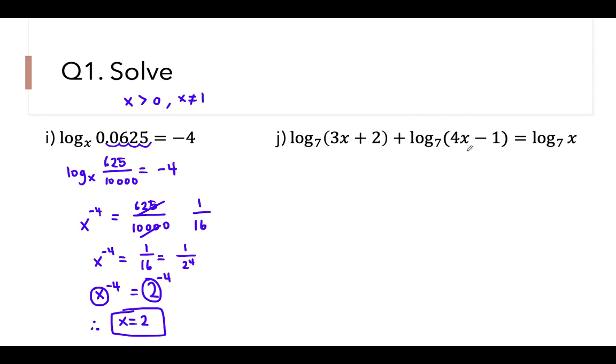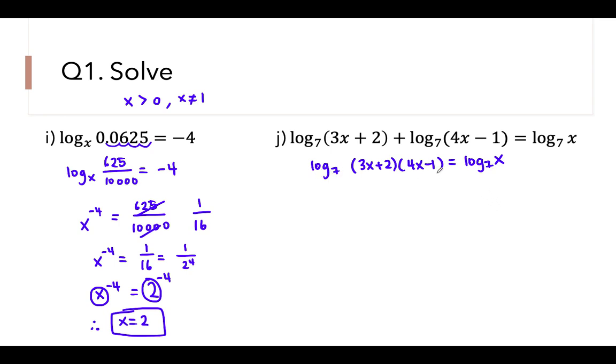Okay, last question, letter J. Let's group them using log. So log 7, because it's addition, I'm going to multiply: 3x plus 2 times 4x minus 1 equals log 7x. Now notice how we have the same log base.